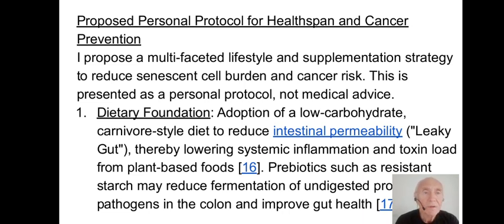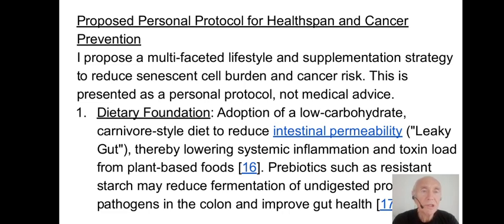This reduces systemic inflammation and toxin load from plant-based foods. Dietary change is absolutely necessary, but mind that even 6 months is not enough to adapt to this carnivore-style diet. You may need longer, so I recommend doing it slowly.